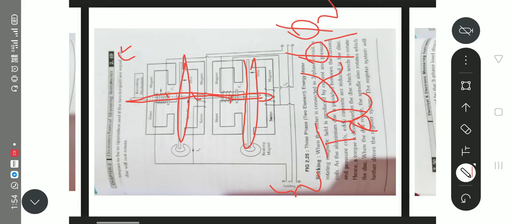The rotations will be recorded in the registering system. In the registering system we record power into time, and power into time means energy.